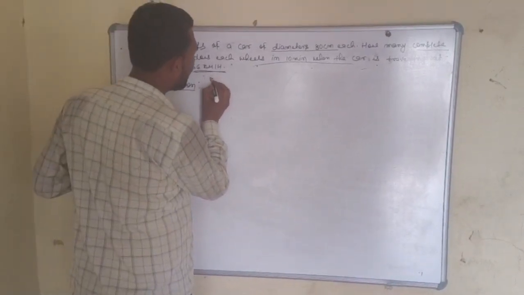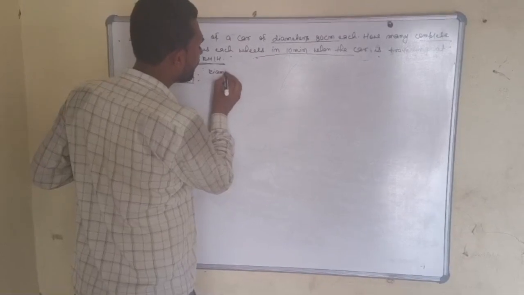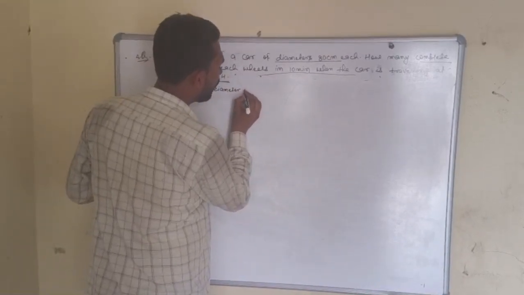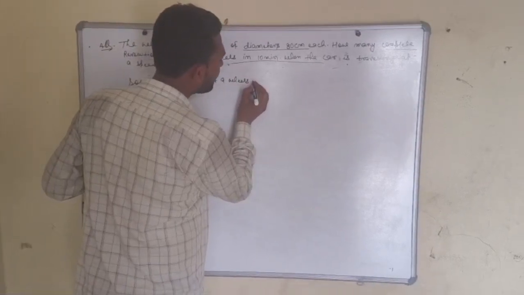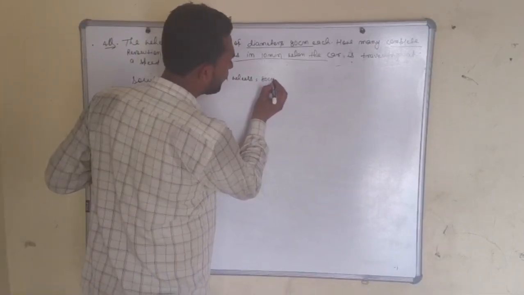Solution: the diameter of a wheel is 80 centimeter.